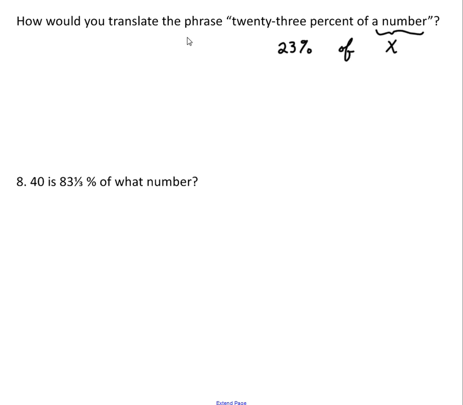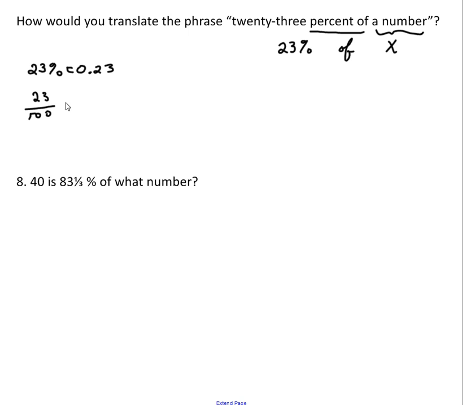Well, not exactly. When we say percent of, we're going to be doing some sort of multiplication. Well, what sort of multiplication? Well, here we go. 23% is the same thing, don't forget, as 0.23. Why? Well, 23%, if we think about it, is the fraction 23 out of 100.